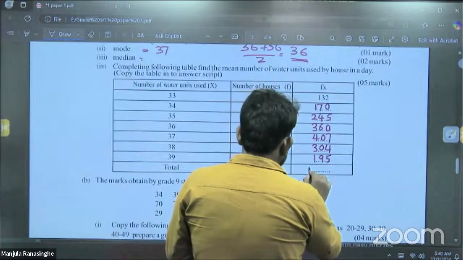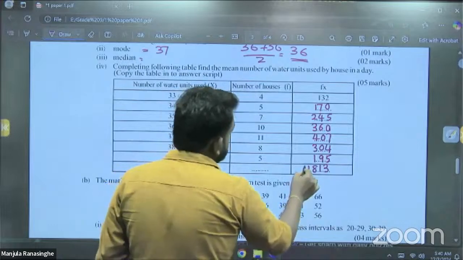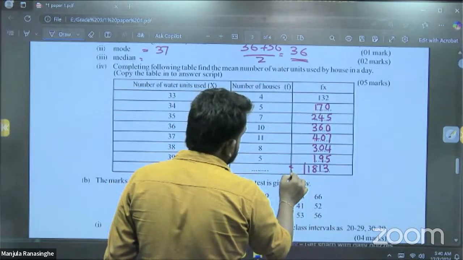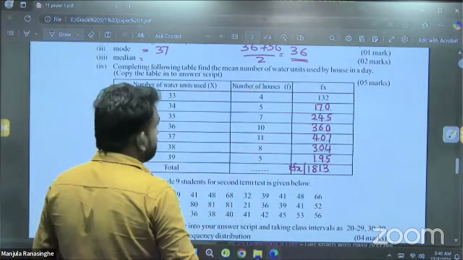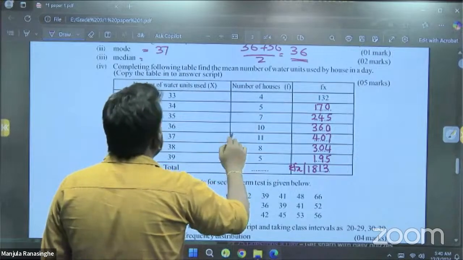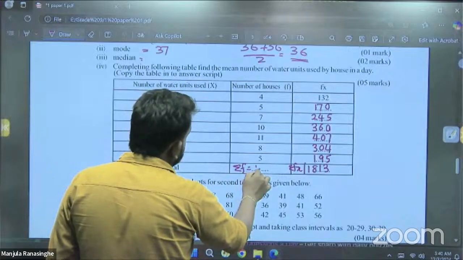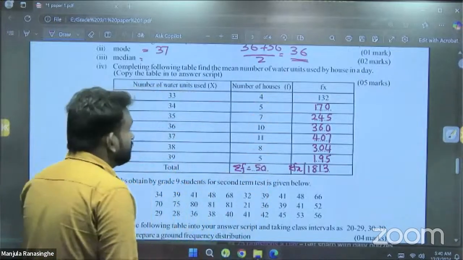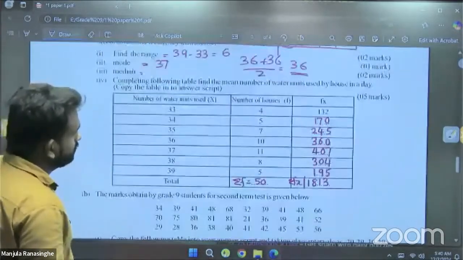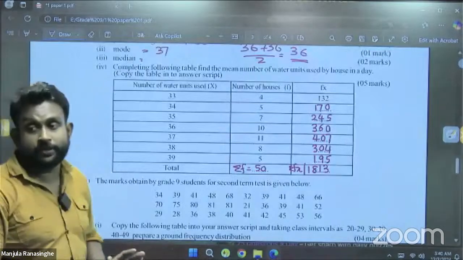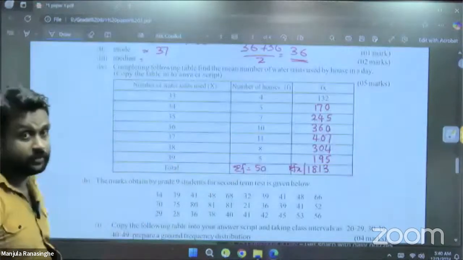So that gives you 1,813. So that is called the sum of the fx column, that is called sigma fx. Okay, then take the sum of the f column, that houses in the top given also, that is 50, because sigma f equals 50, right? You can add this one and also it gives you 50, right? So this is the column we completed. How we completed? Just f and x, multiply and got the fx column.